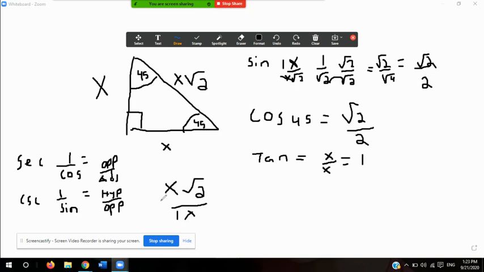And what's going to happen here is that the x is going to cancel out with the x, and that leaves me with the square root of 2 over 1, which equals the square root of 2.